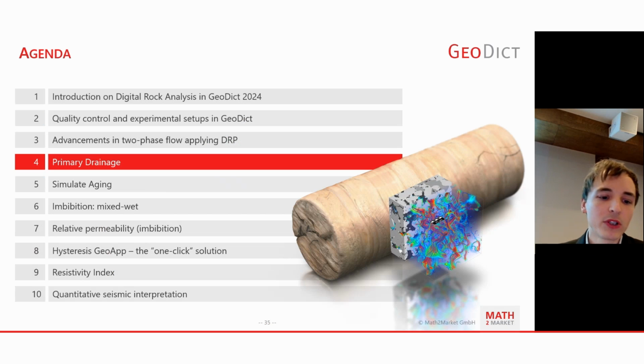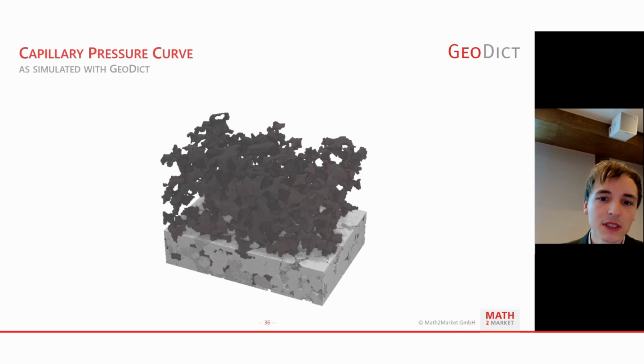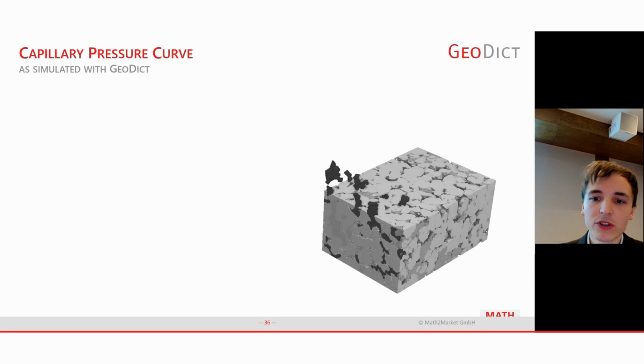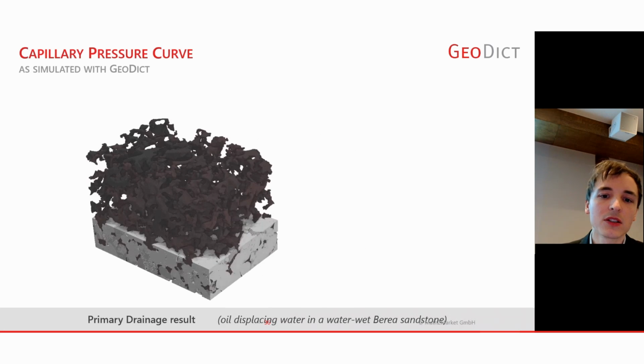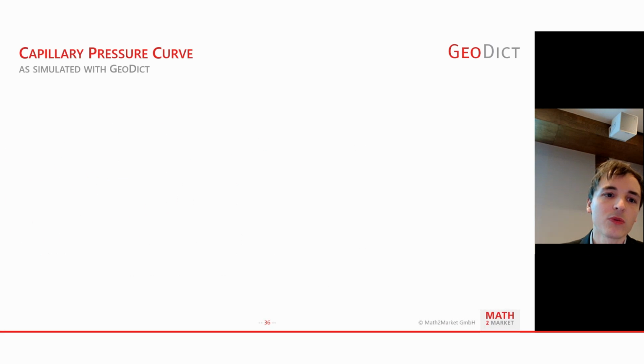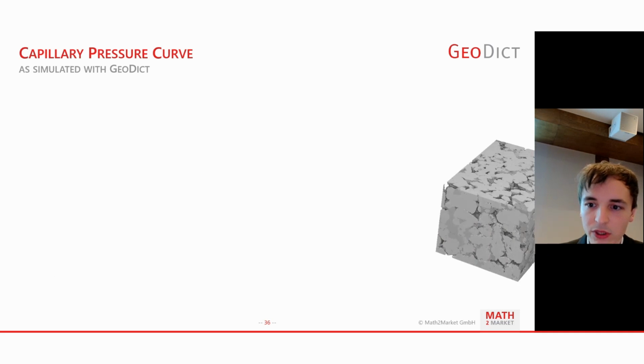Let's start with the primary drainage first. In primary drainage, you have a water saturated rock, and in that water saturated rock, we now press oil to displace the water. That is what you can see here. Maybe I replay it.